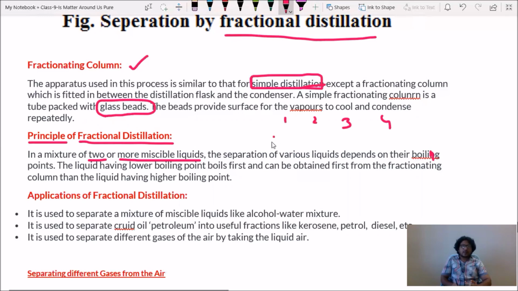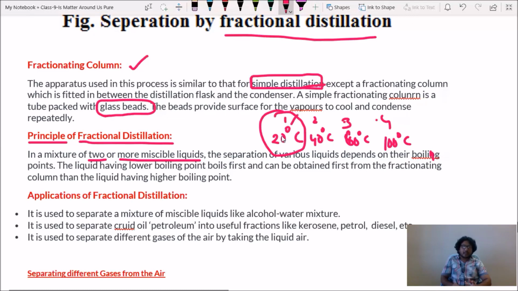First liquid will evaporate at 20 degrees Celsius, second will evaporate at 40 degrees Celsius, third liquid may evaporate at 60 degrees Celsius, and fourth liquid may evaporate at 100 degrees Celsius. You see, at 20 only the first liquid will evaporate, and liquids 2, 3, 4 will remain in the beaker.